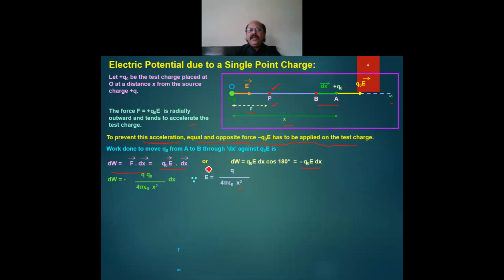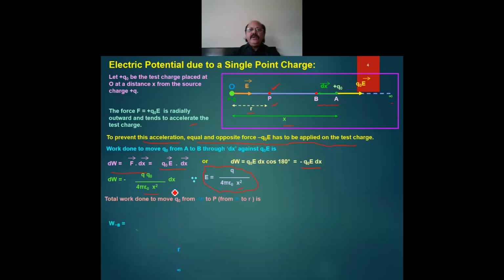So the electric field intensity at point A due to the plus Q charge is E equal to Q upon 4 pi epsilon naught x square. Substitute this value here, then you will get dW equal to minus q naught Q upon 4 pi epsilon naught x square dx. So this is the small amount of work done for moving plus q naught charge from point A to the point B.